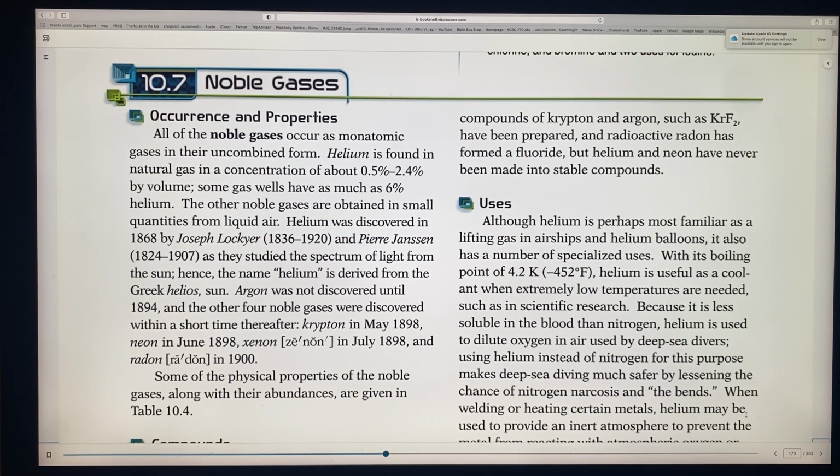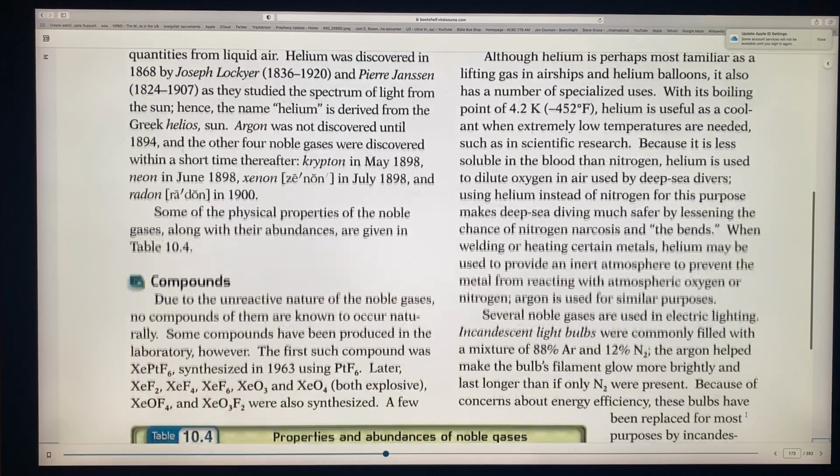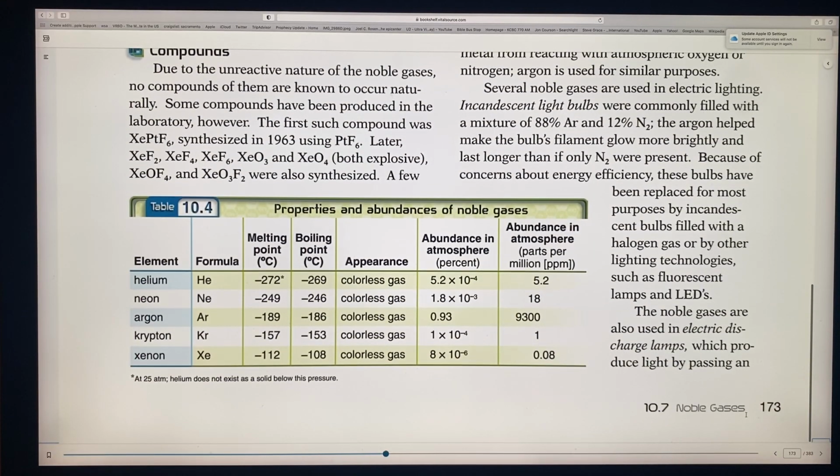So let's look at some of the properties in table 4 here. Helium's melting point, you can see, is negative 272, and helium does not exist as a solid below this pressure.